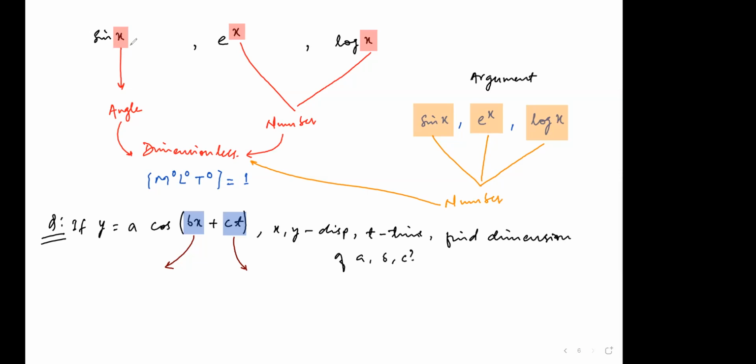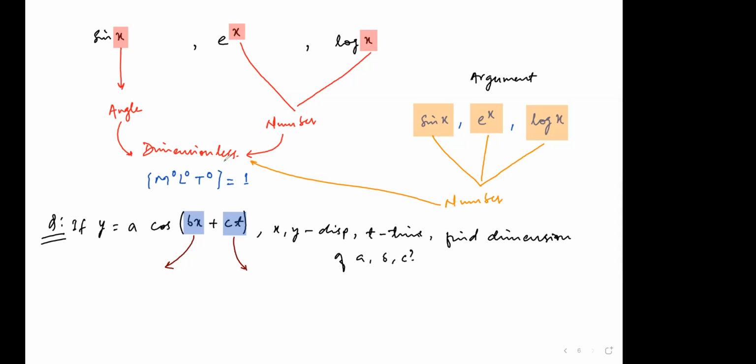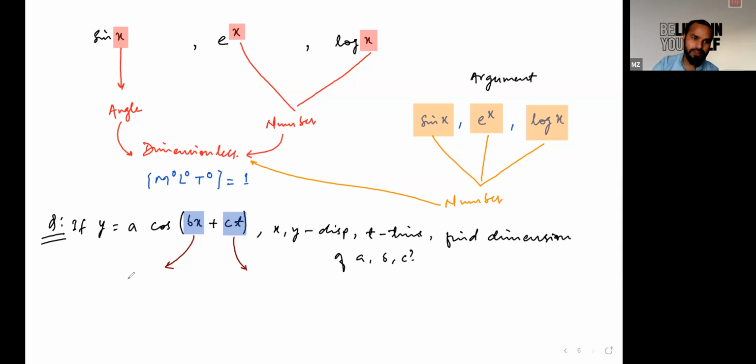Okay, sir. So we can say this whole part bx would define nothing but an angle, and an angle is nothing but any dimensionless quantity. For any dimensionless quantity, we just equate it to 1. So from this, we can say bx would be 1.